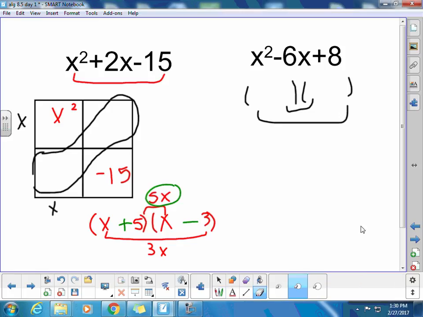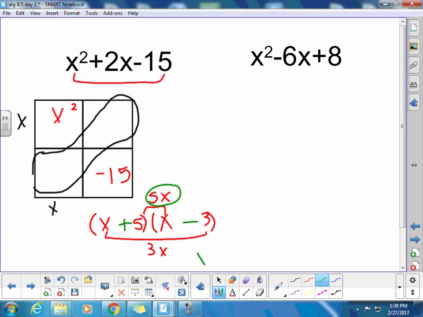And you could FOIL it out and make sure that's what it is. But we know that if we FOILed it, we'd get x squared first times first, then outer times outer comes next. So negative 3 times x, which is minus 3x. Inner times inner, 5 times x, which is plus 5x.